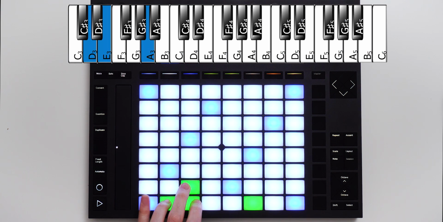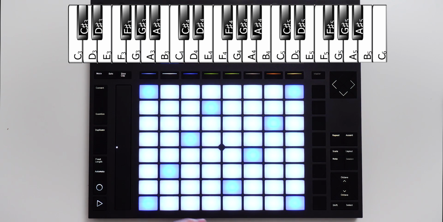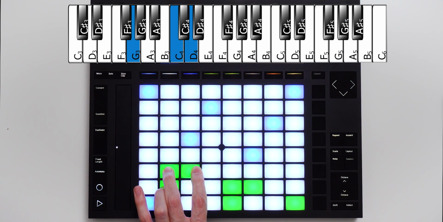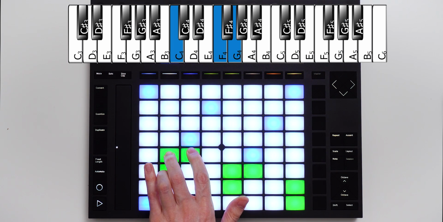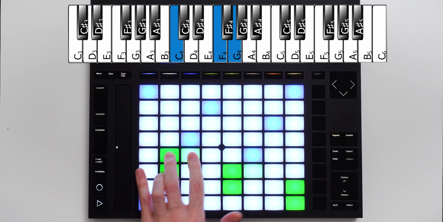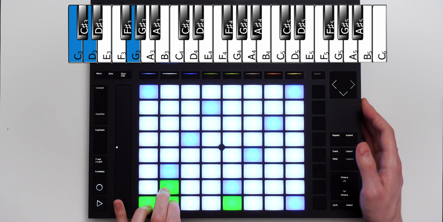So I mean, this sounds really good, and then always use your ears, I guess. But this sounds nice. This suspended 4 sounds really good, and this suspended 2 sounds also good.